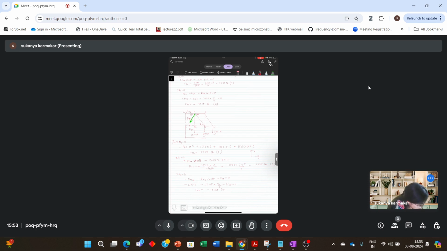So if you substitute it with the sign, this will be plus. So the answer comes out to be 6750 minus 3375, which is 3375. Yes, this is positive, means this is tensile.